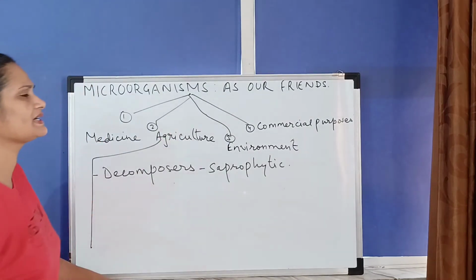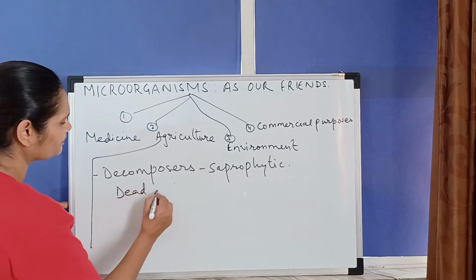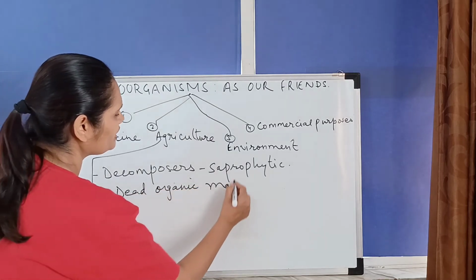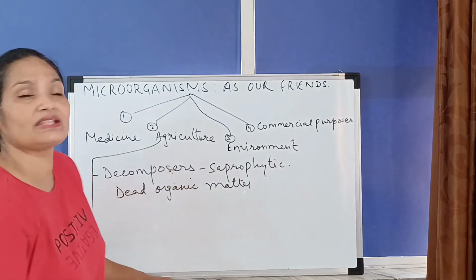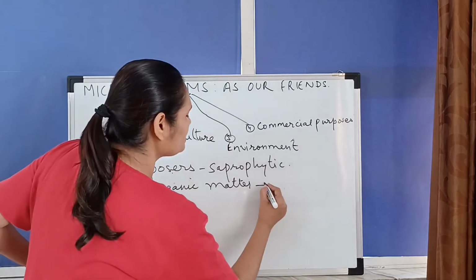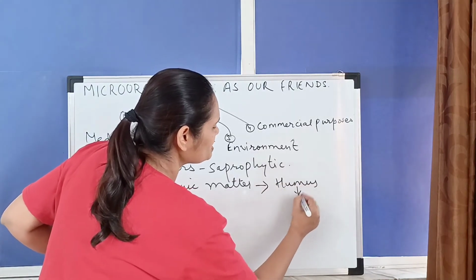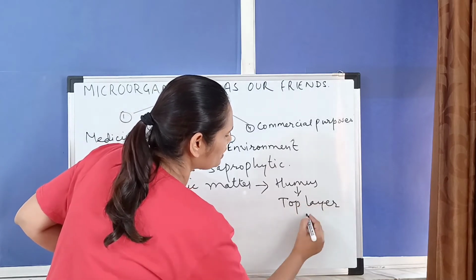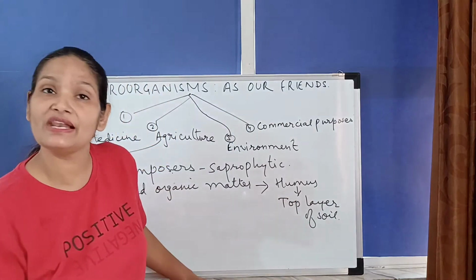So what these decomposers do, whatever dead organic matter is there, it is decomposed by these decomposers, and then it is converted into humus. What is humus? Humus is the top layer of the soil.